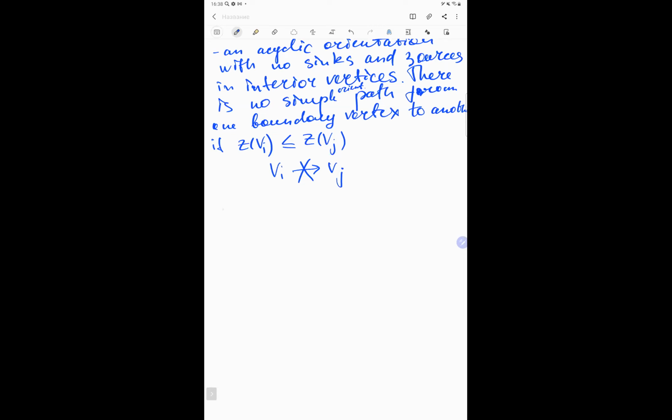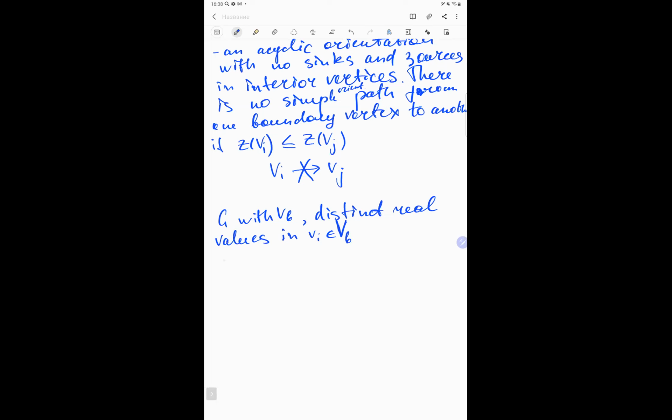So, we have graph G with boundary vertices, and we have distinct real values Z_i for v_i belonging to V boundary instead of boundary vertex.